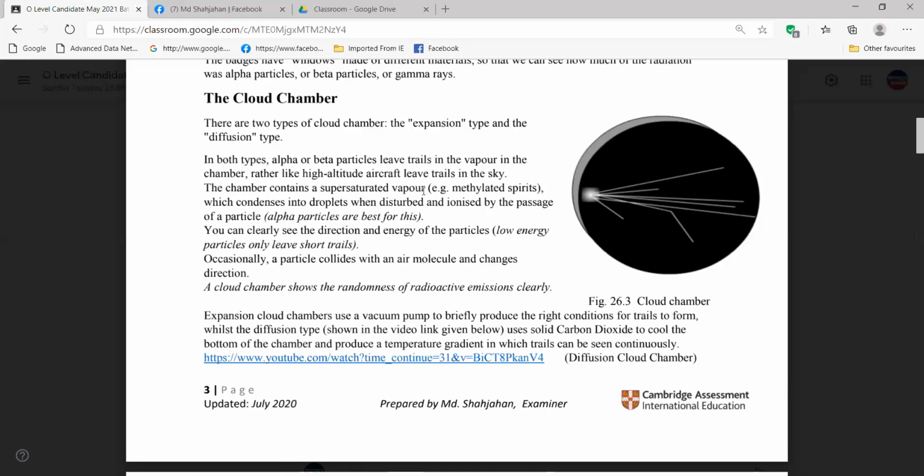Saturation means, think of our weather: the air has the capacity to contain water vapor. If it is too much, then it is completely filled up. That is called saturated vapor, right? If you give more water vapor than this, it cannot contain it. That will come out somehow and drop down as rain.